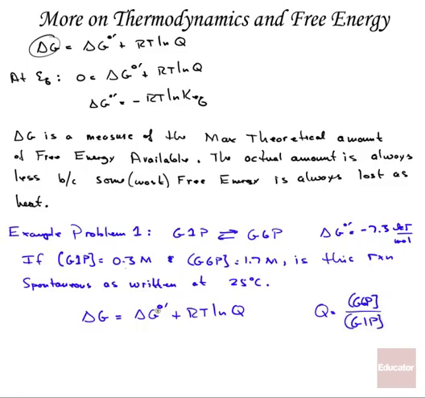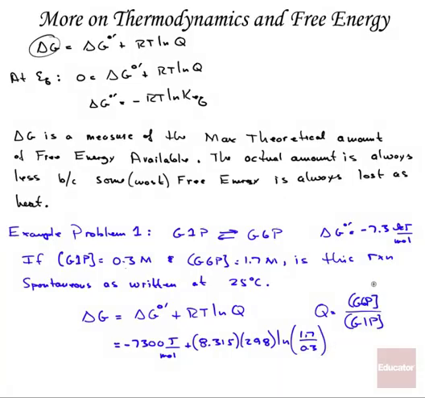So, and again, we have to account for the units. The delta G standard is minus 7.3 kilojoules per mole, so let's use minus 7,300 joules per mole plus 8.315, which is R, times T, which is 298, times the logarithm of Q, which is 1.7 over 0.3.